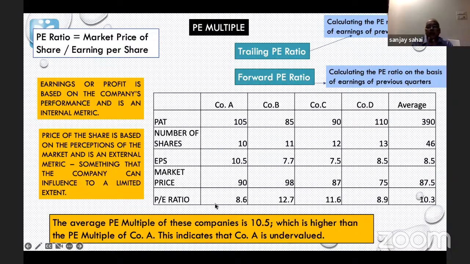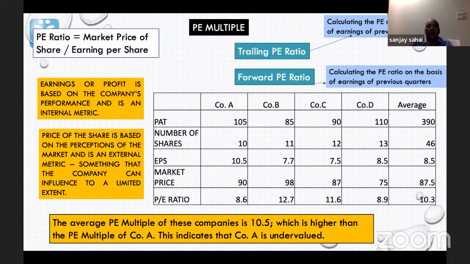Basically, what does this mean? It means that the price is 8.6 times the earning per share. That means for every 1 rupee of earning, the market is willing to give 8.6 rupees as price.